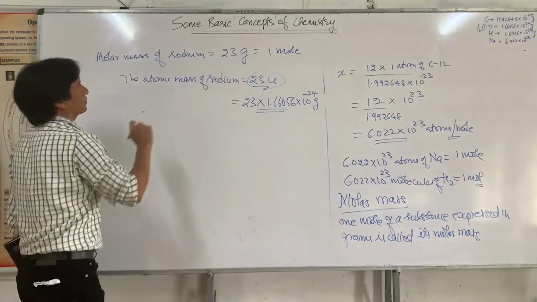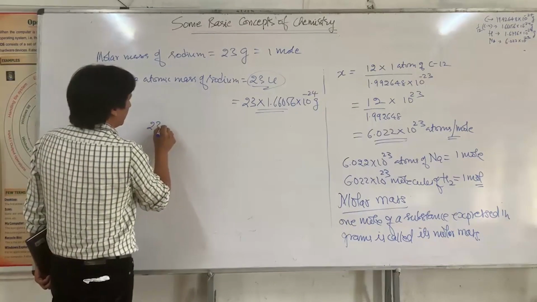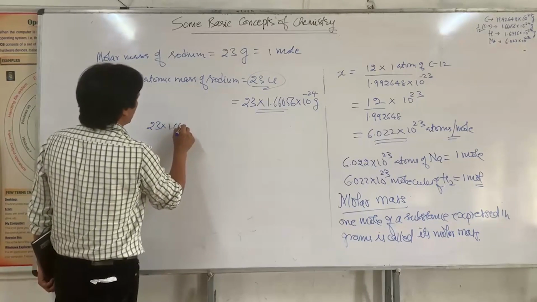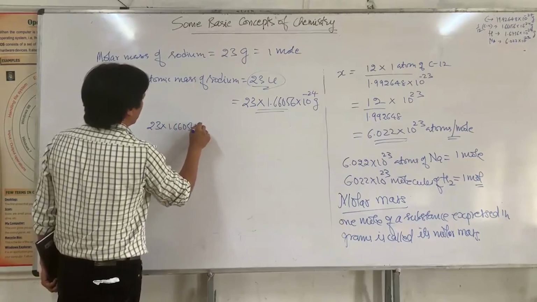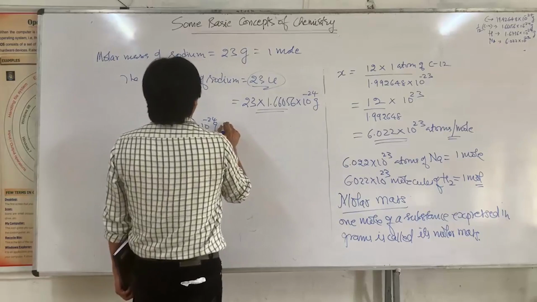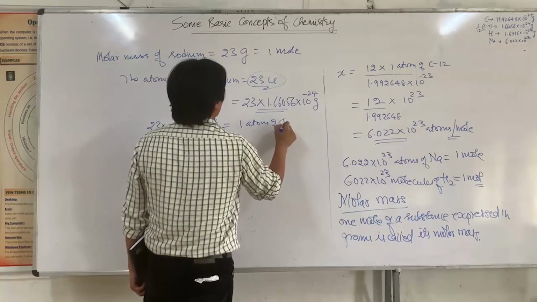So now let's see. 23 times 1.66056 times 10 raised to power negative 24 grams is equal to 1 atom of sodium.